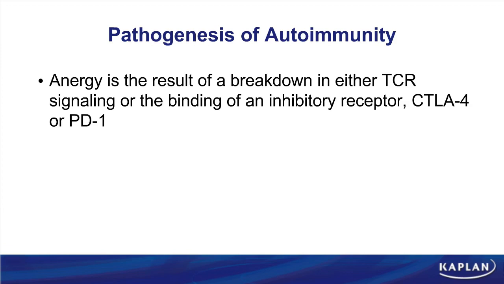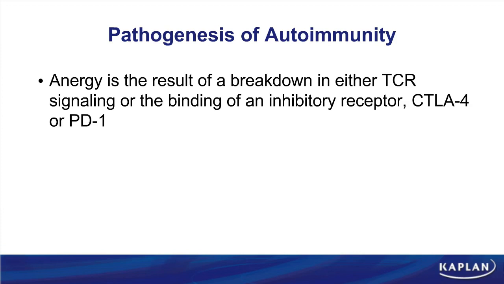Now, these inhibitory receptors like CTLA4 and PD-1 are really big right now in cancer immunotherapy. Because if we inhibit the inhibitors, we can keep the immune system working, and that has done some wonders in treatments of different sorts of cancers.